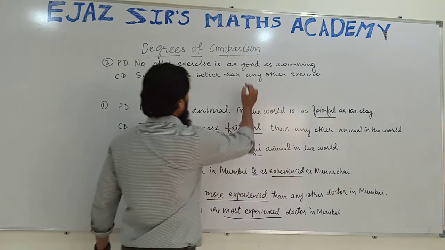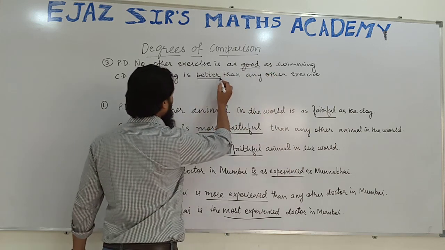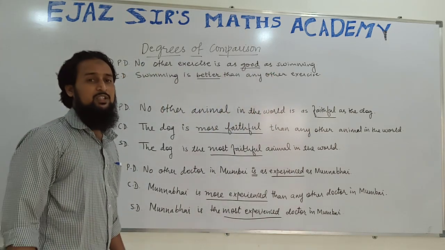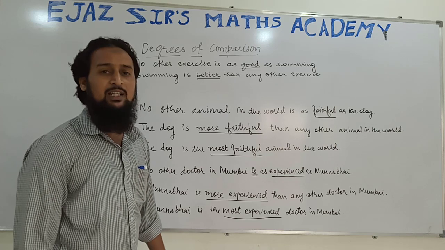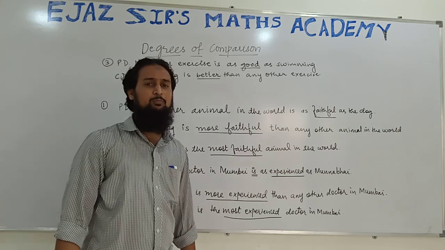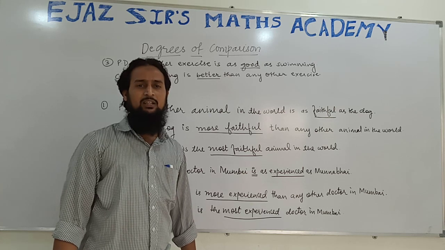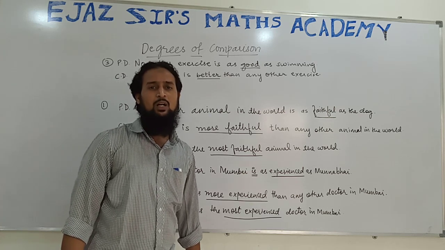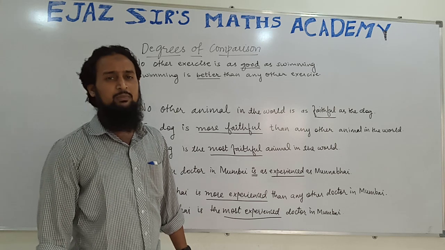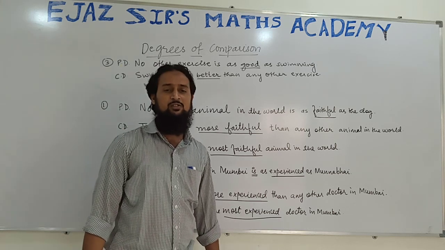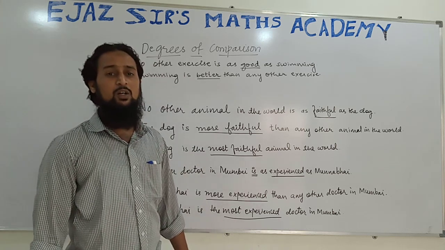Good. What is the comparative degree of good? Better. Good, better, best. Well, better, best. Good, better, best. Well, better, best. Evil, worse, worst. Ill, worse, worst.